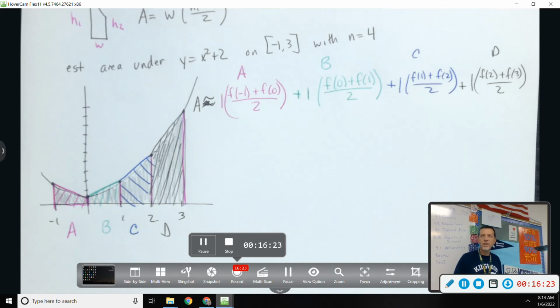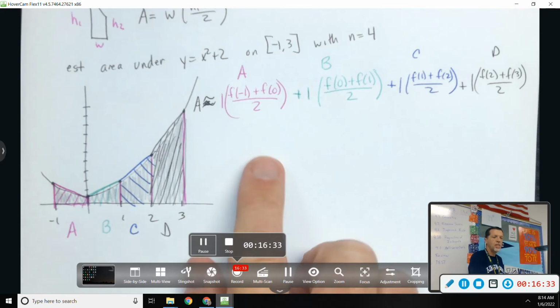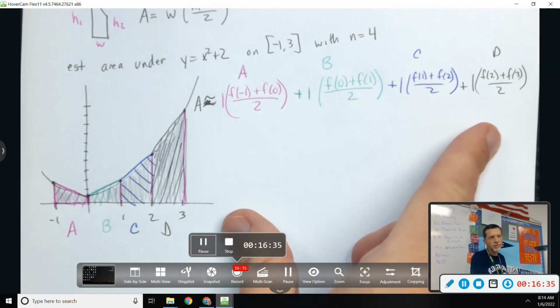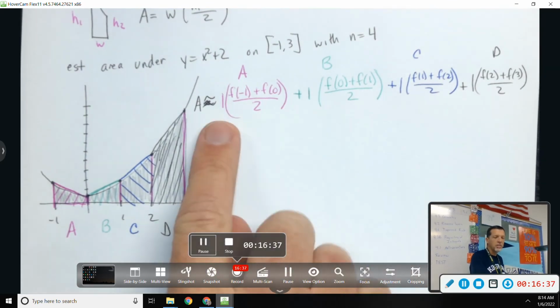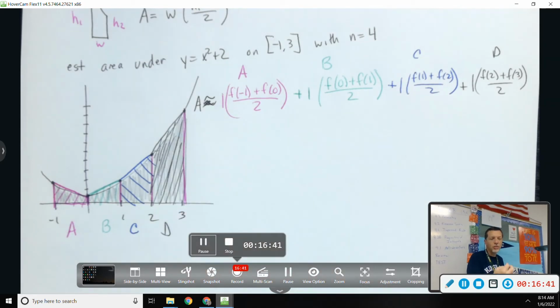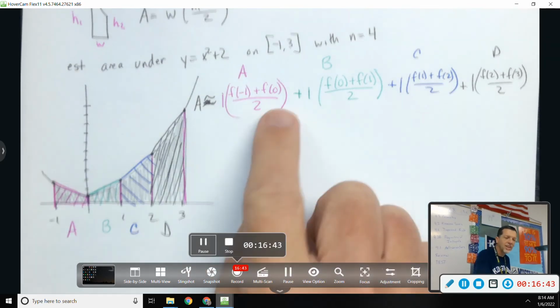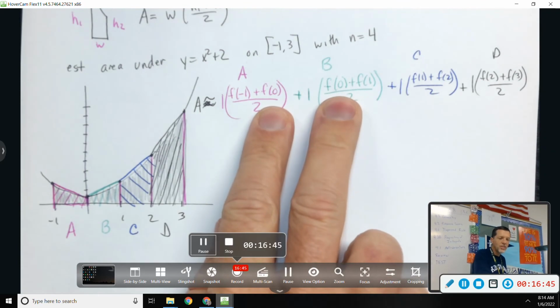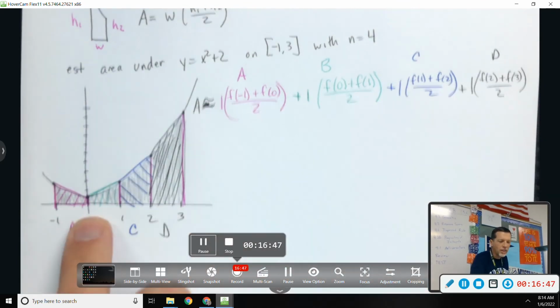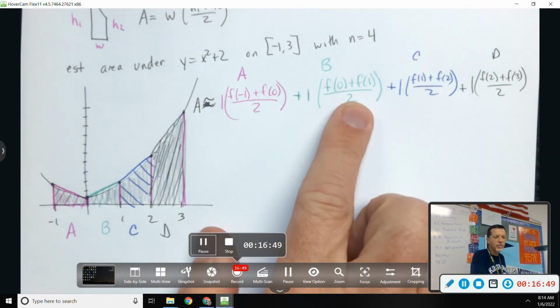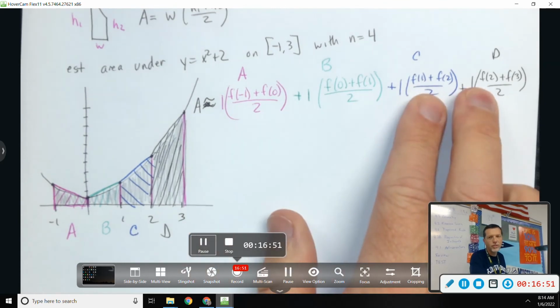Okay, good with that? Now, the trapezoid rule is especially a place where the books go crazy with factoring stuff out, because there's always a 2 in the bottom, so they'll factor that out. Whatever the width is, they could factor that out. And then they'll reduce the formula because all the middle points get used twice. Like all the inside heights, there's 2 f of 0s and 2 f of 1s and 2 f of 2s.